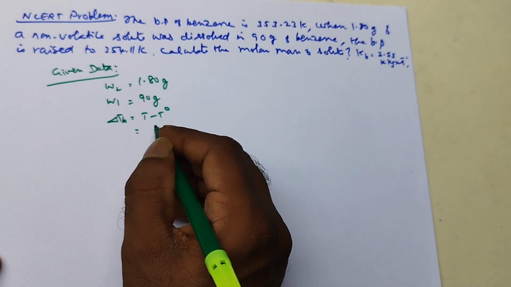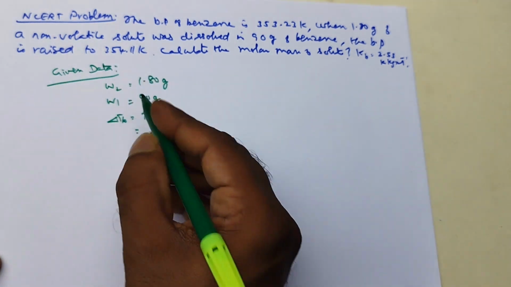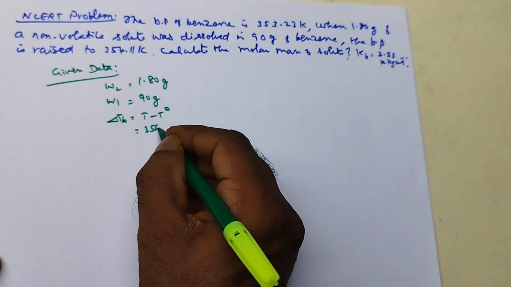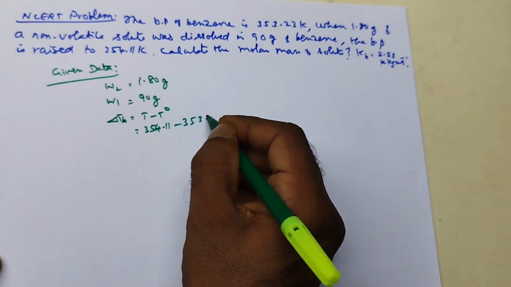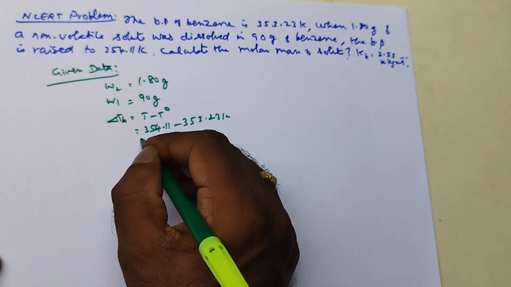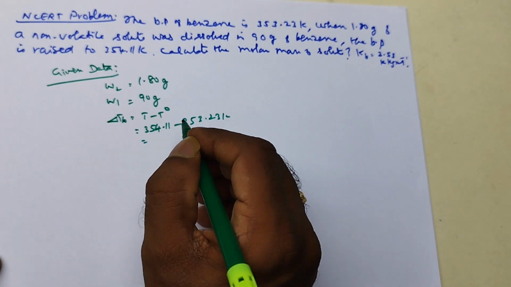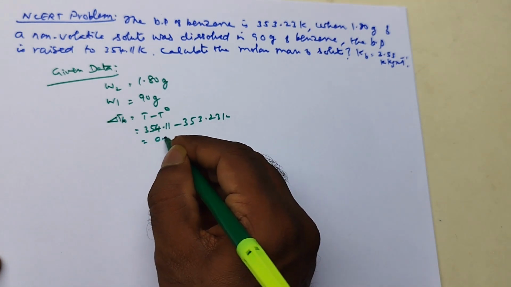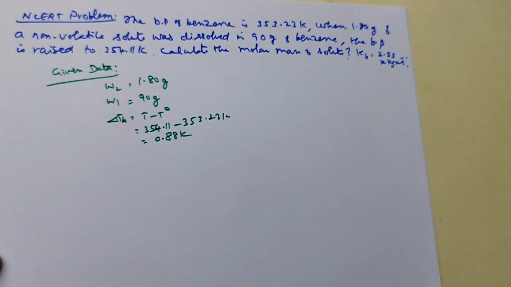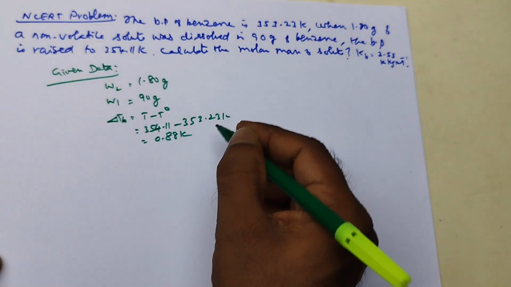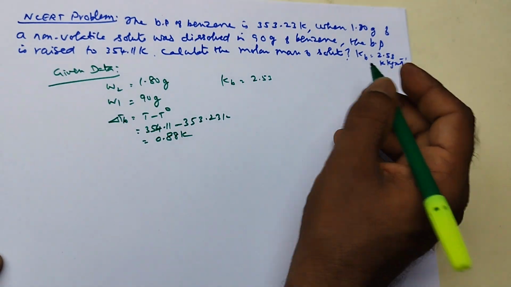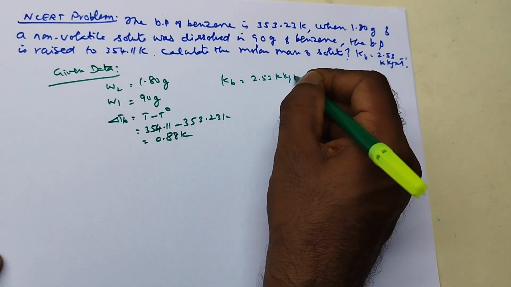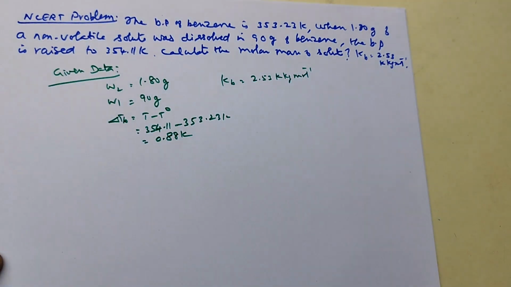T is given as 354.11 minus 353.23 Kelvin. Find out the difference. It comes out to 0.88 Kelvin. Kb is also given in the problem: 2.53 Kelvin kilogram per mole. The data is available like this.